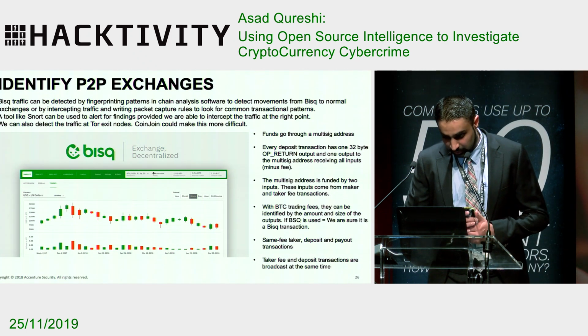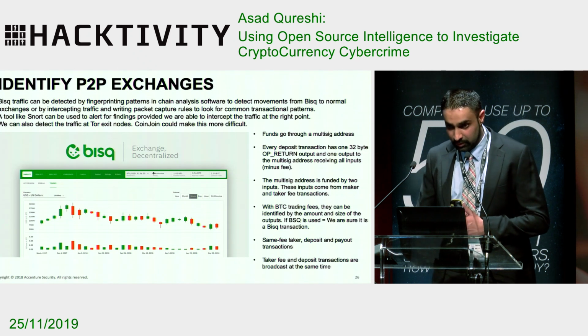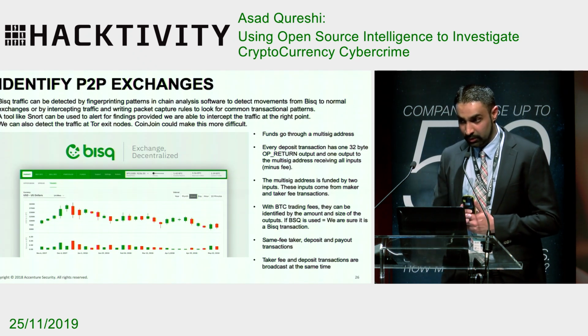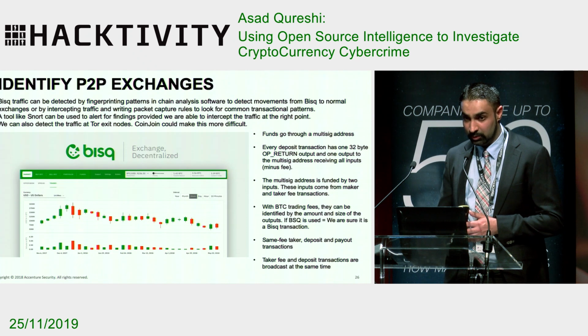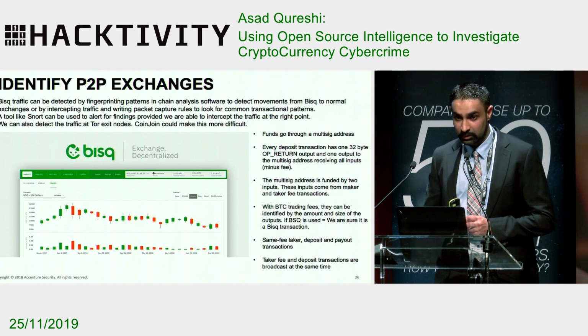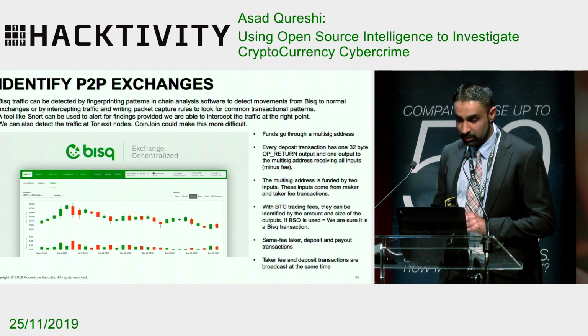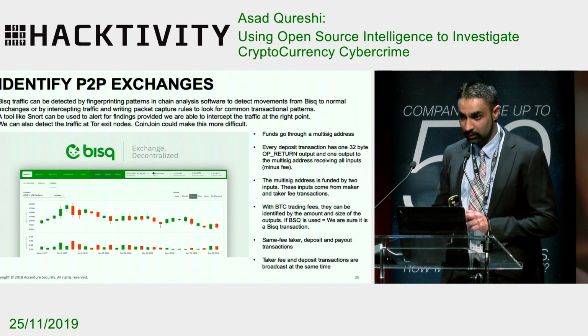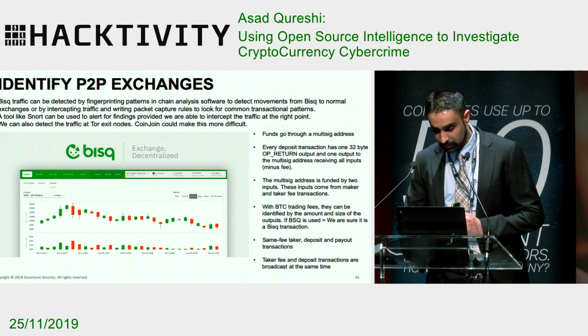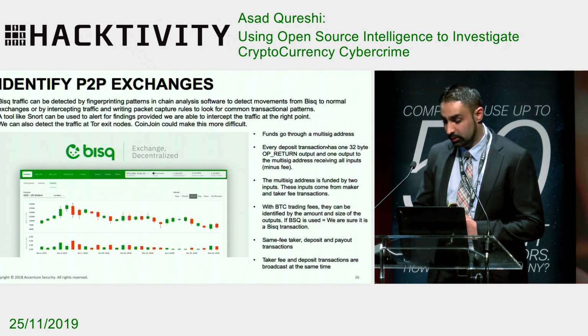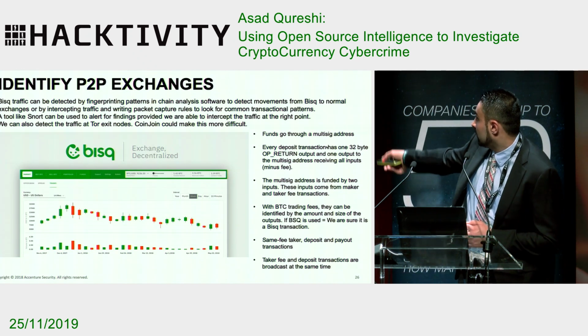That is possible because there are certain patterns we can look for in the traffic. If we were to intercept the Tor traffic or communication, we can look for certain patterns and find out more about that particular transaction. Some of them are listed here.